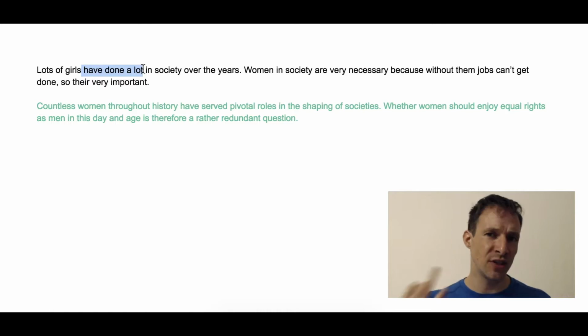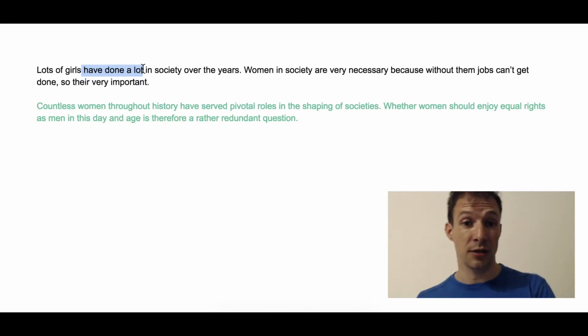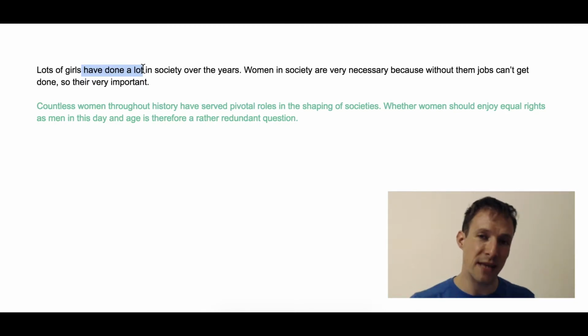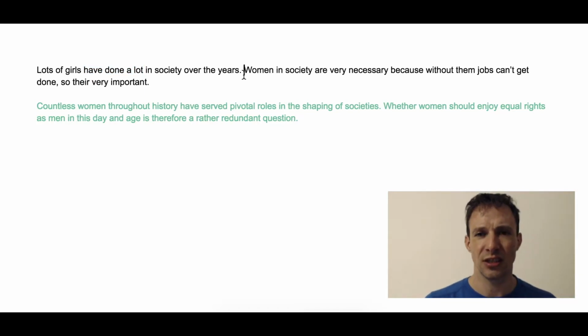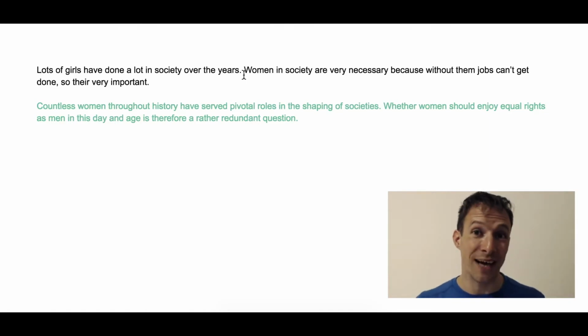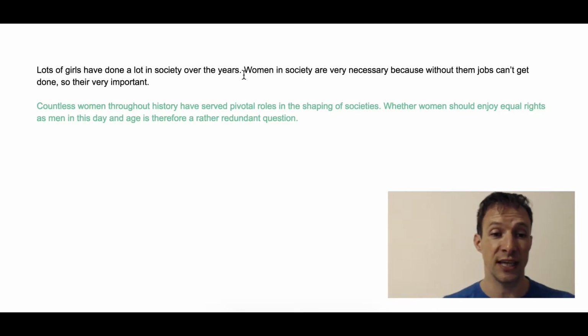Secondly, we've got "have" and "done", two verbs that we definitely learnt in the first year of our English language journey. So once again, it's basic vocabulary. Also, you can see the sentence is quite short. There's nothing wrong with short sentences, but if we fill the essay with short sentences, it's definitely bad, because ideally we're going to be using longer, more complex sentences with clauses in.